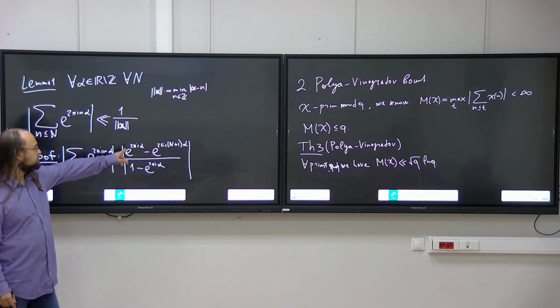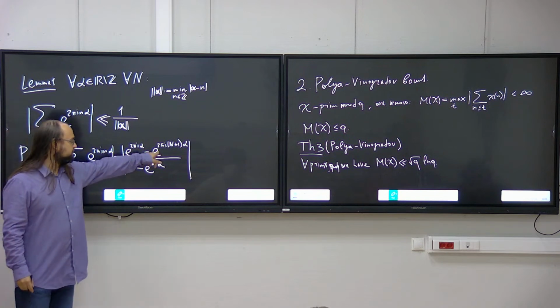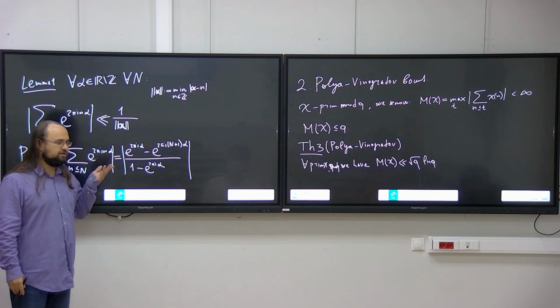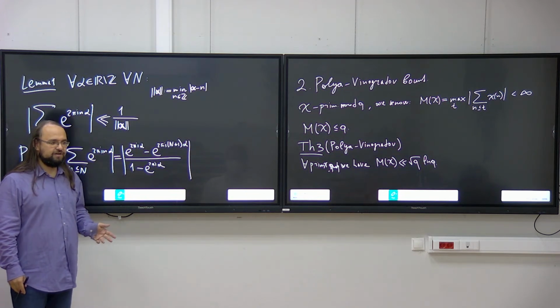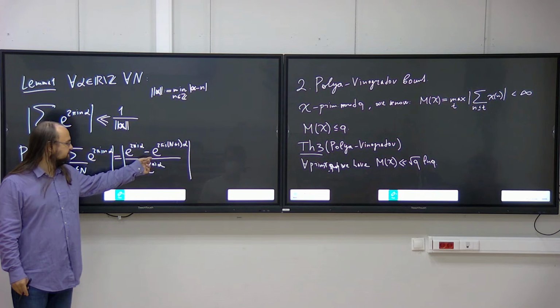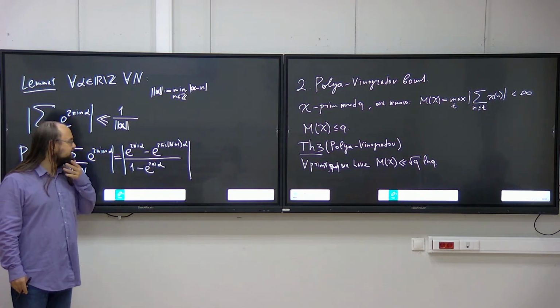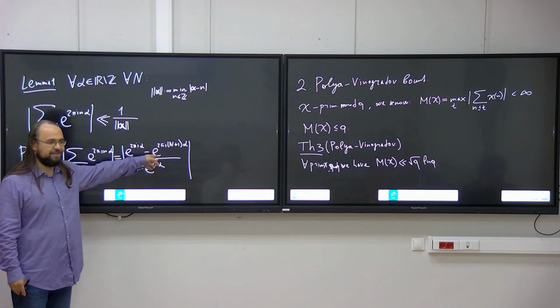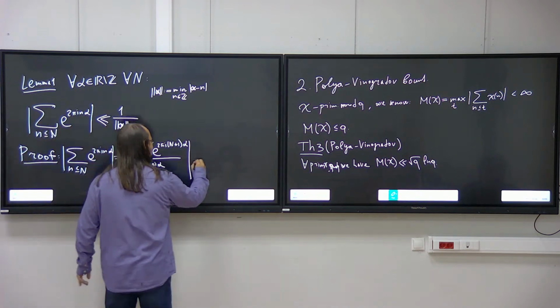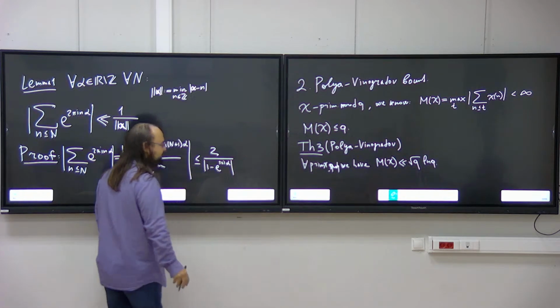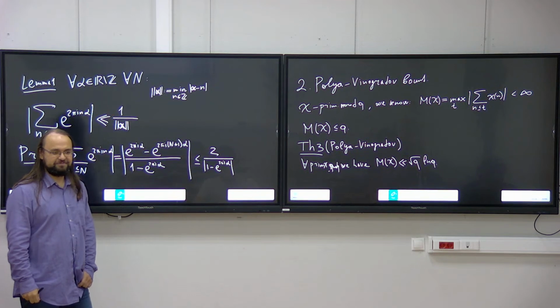Well, in the numerator you have this term, e to the power 2 pi i (N plus 1) alpha. Since we do not control N, we know nothing about the value of this quantity, right? So the only bound we can hope to get here is 1 plus 1, right? So this is at most 2 divided by the absolute value of 1 minus e to the 2 pi i alpha, correct?